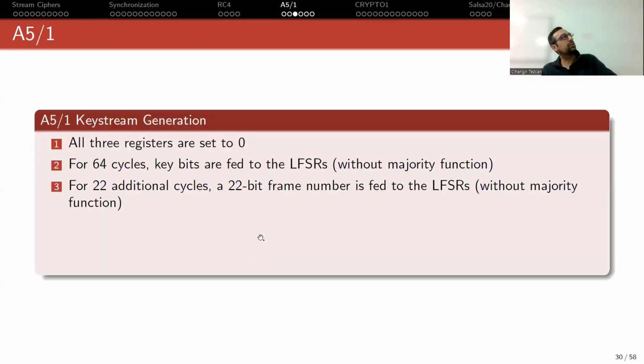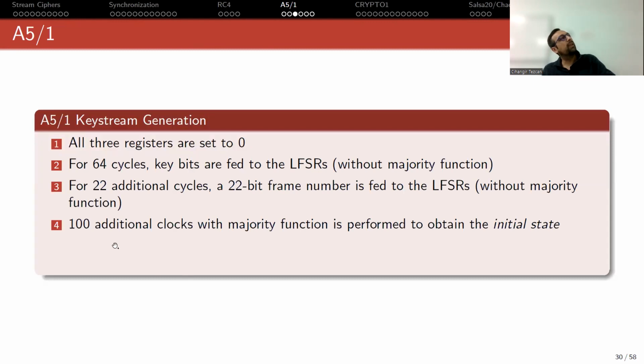So let's recall all the steps. Initially, you set them to 0. For 64 cycles, you feed the secret key bits. For 22 cycles, you feed the frame number. Then you run all of the LFSRs for 100 additional clocks, this time keeping in mind the majority function.